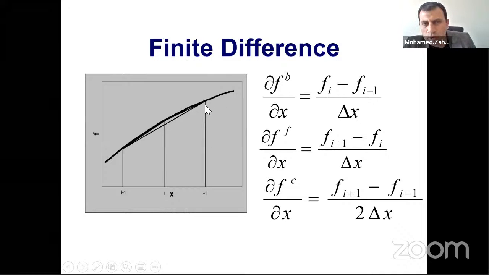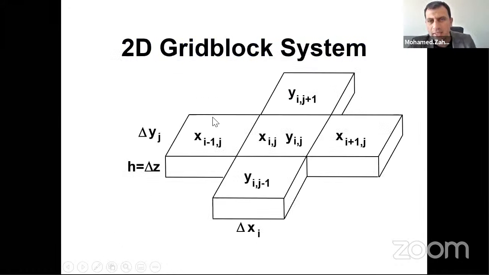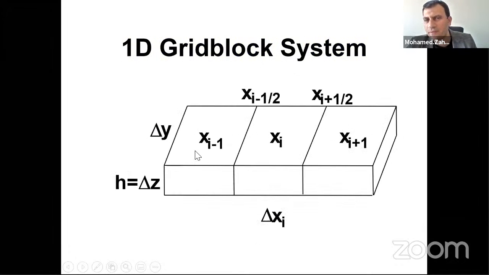To do this with a reservoir in 3 dimension, you need to have a small box here and a small box here. This is the x direction. That's why, to build a simulation model, you need to have something like this in x direction. We call this grid, another grid, another grid. You have 3 grids.